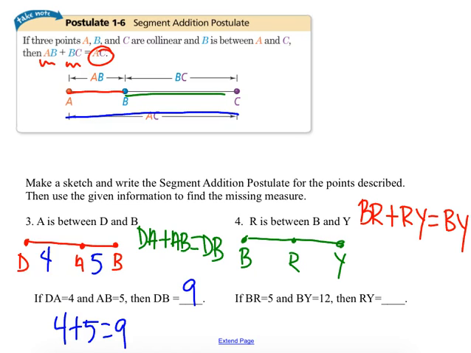Now it's saying BR is 5 and BY is 12. So the whole guy right here is 12. Then what is RY? So remember, we know the whole thing equals 12, and we know a piece of it, so we have to take away what we know to find what's missing. So 12 minus 5 is 7.